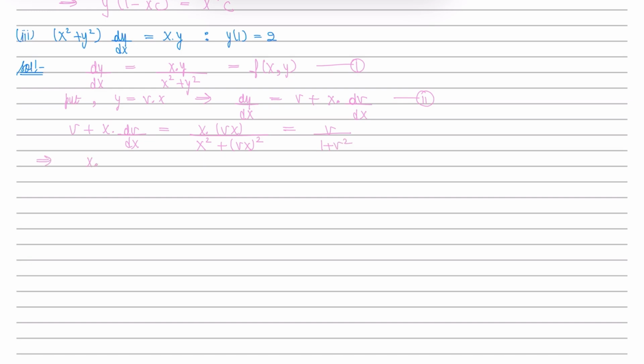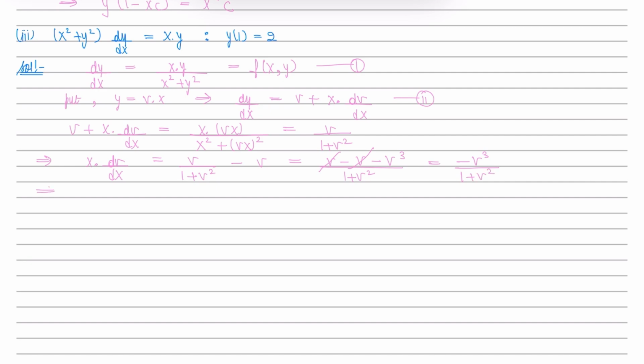Again, keeping x into dv by dx term on one side and taking v on the right hand side, this will be v upon 1 plus v square minus v, which is equals to v minus v cube whole divided by 1 plus v square. This will get cancelled out, and the remaining term will be minus v cube upon 1 plus v square.